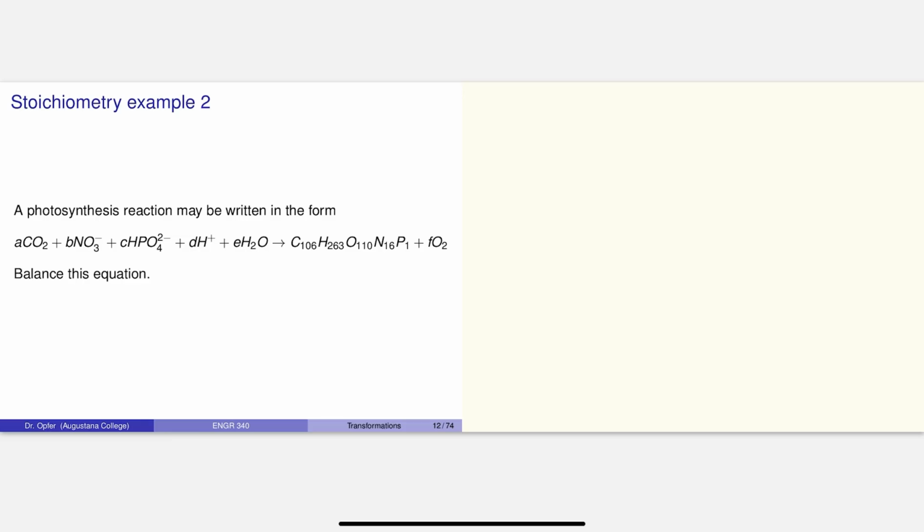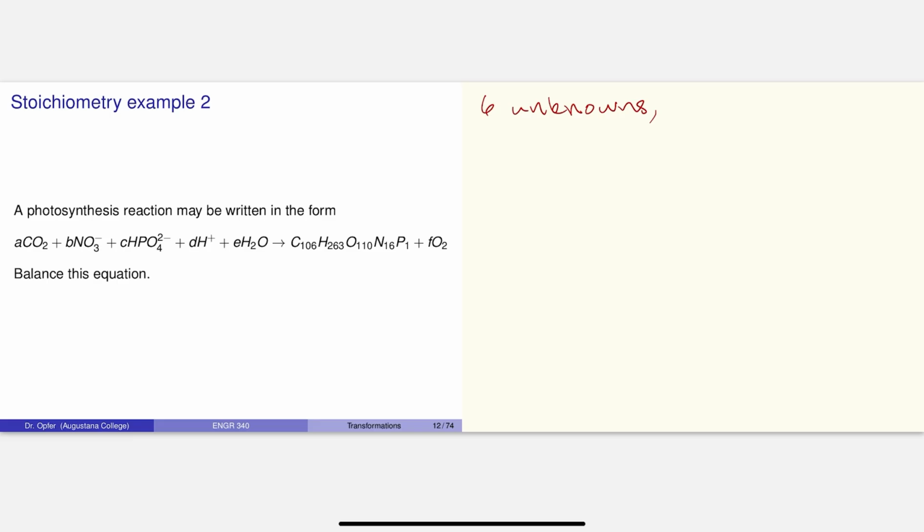Okay, so let's do some counting. We've got 1, 2, 3, 4, 5, 6 unknowns. And in general, what we try to do is balance each individual element, right?